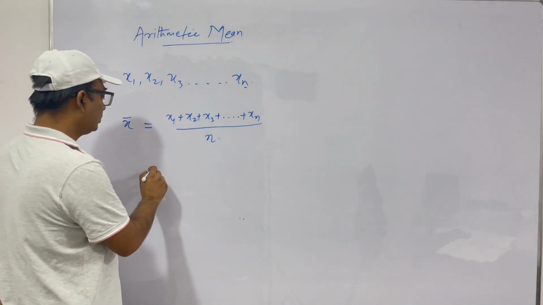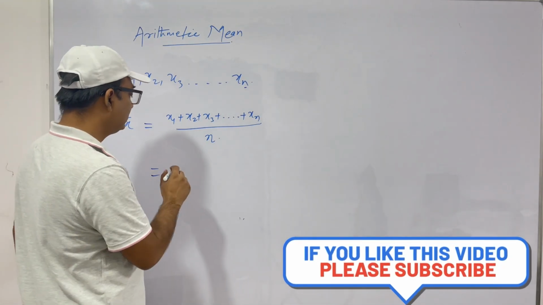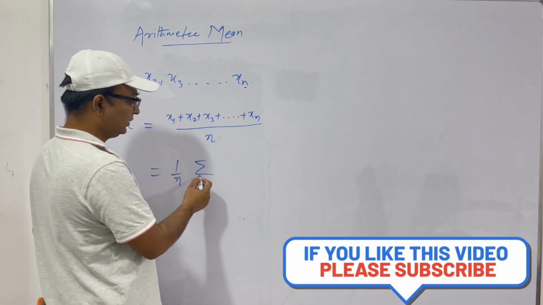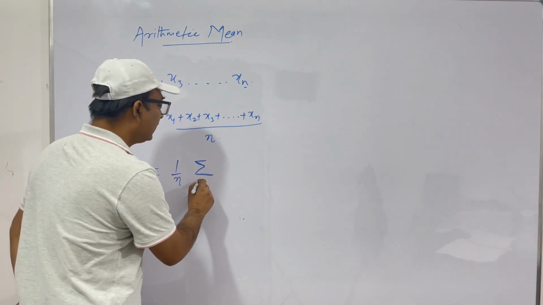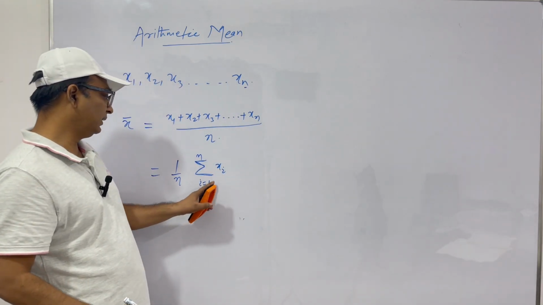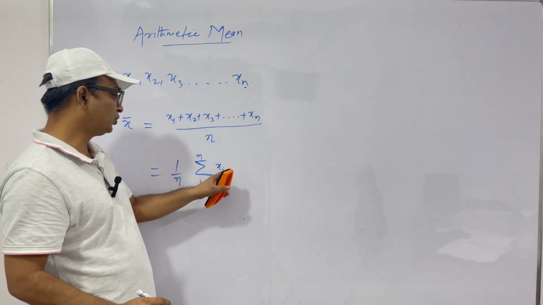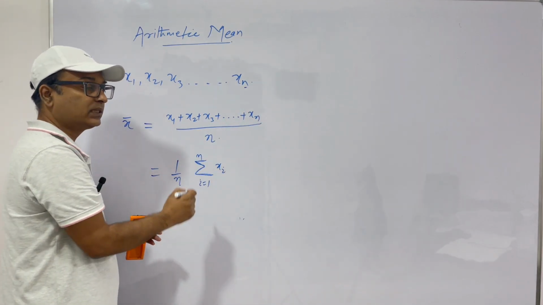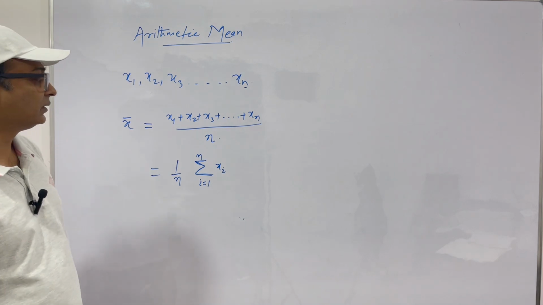In mathematical notational form, we write it like this: 1 by n into, this sign is of summation, summation i equal to 1 to n xi. This means x1 plus x2 plus x3 up to xn. So this can be written as this. This is notation. So this is arithmetic mean.